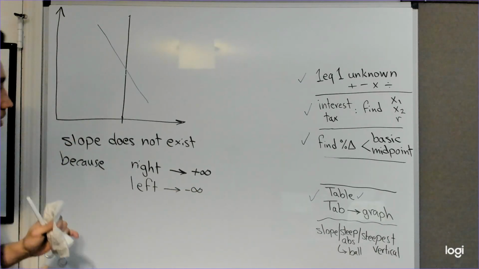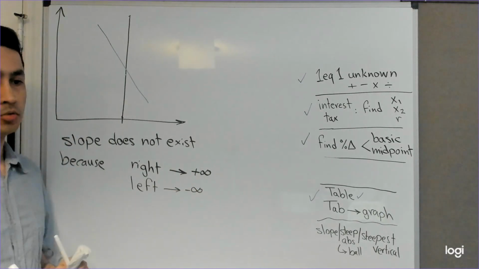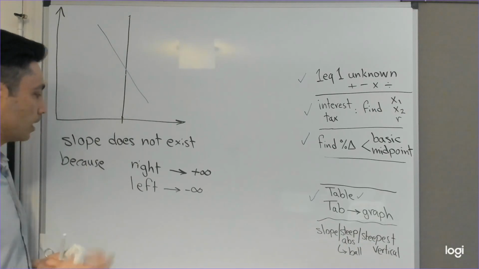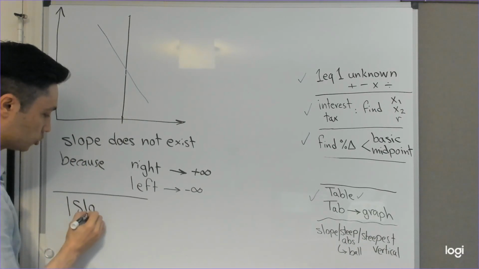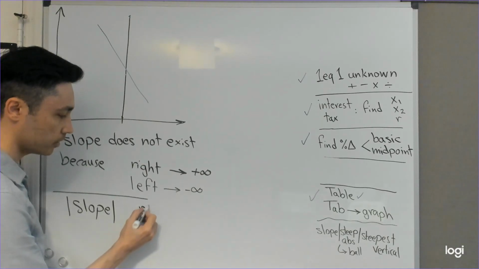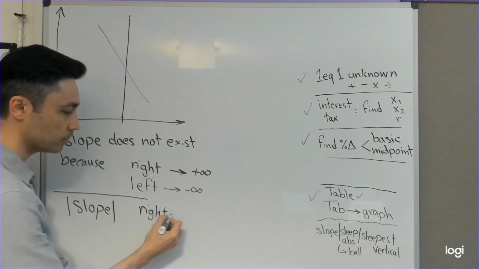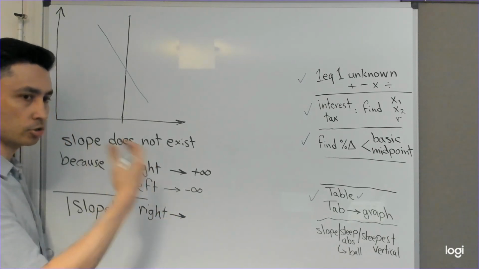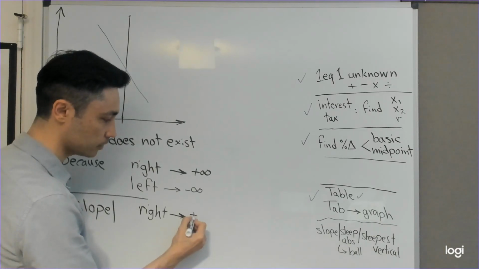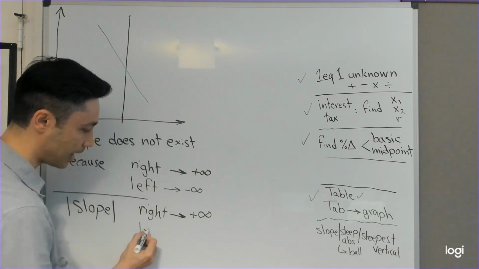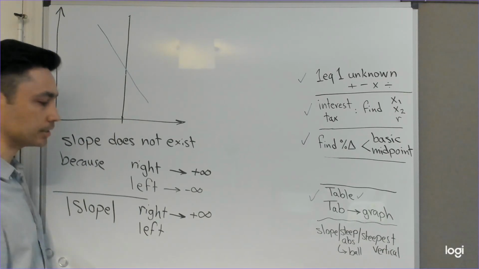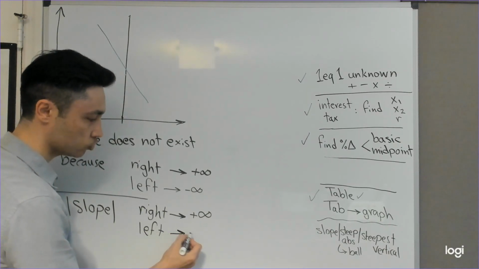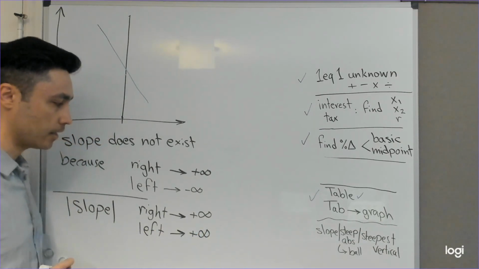But if you're thinking about not the slope, but the steepness, and you are taking the absolute value of the slope, then from the right, the absolute value of a number that is getting larger and larger towards positive infinity, and the absolute value of a negative number that is going towards negative infinity, is going to be also positive infinity.